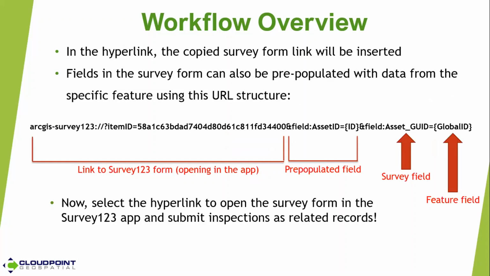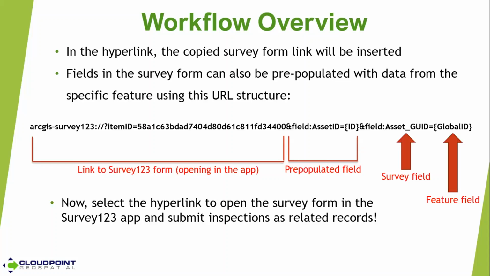Here on the screen, I've shown an example of our culverts feature layer's Survey123 form, the inspection form's URL. Since we have selected open in the field app directly, this is the URL structure we get. I've broken this up into a few different brackets to explain this URL structure and how it all works.